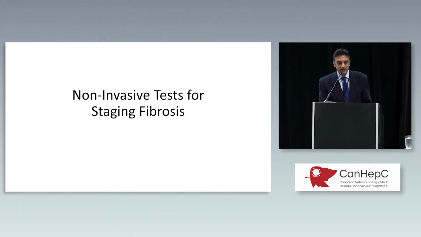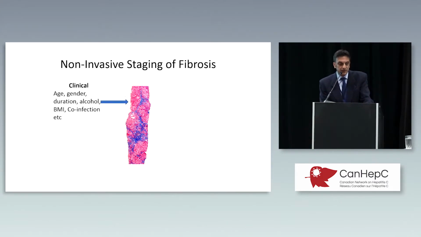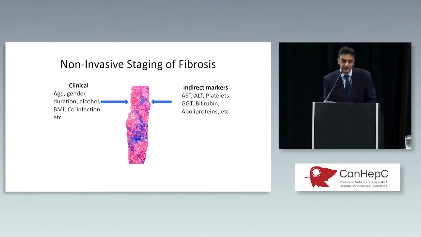So keeping that in mind, what do we use for non-invasive staging of fibrosis? Clearly, we don't do biopsies for Hep C. We do them for other reasons, of course, nowadays mostly for fatty liver disease and other chronic liver disease. So we use our clinical impressions, taking into account various demographics and phenotype of the patient. We can use indirect markers which reflect inflammation, which we think is a key driving process in fibrogenesis.